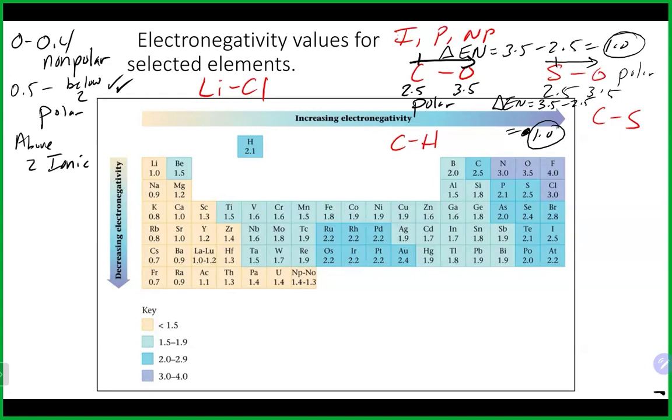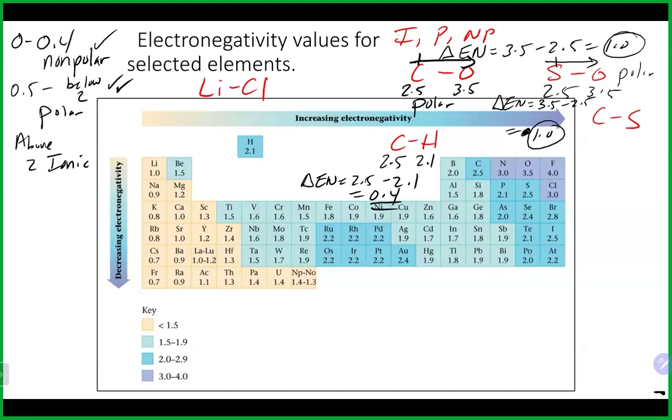When we look at carbon and hydrogen, carbon is 2.5 and hydrogen is 2.1. The difference in electronegativity, 2.5 minus 2.1, is 0.4. That's really the reason for the 0.4 cutoff, because that's an organic type of bond, and our organic molecules are nonpolar.